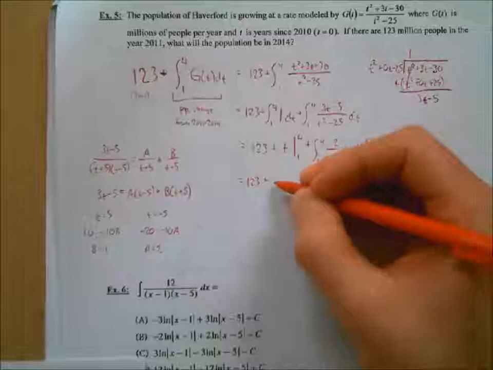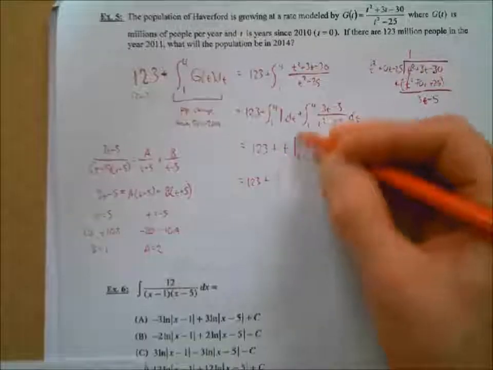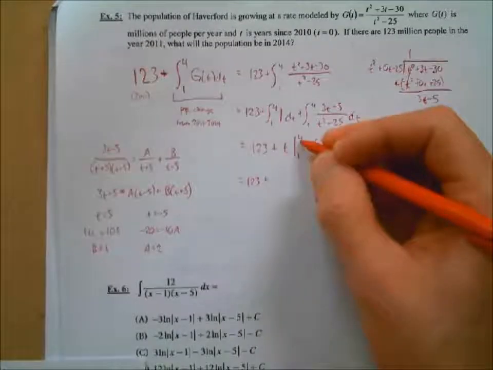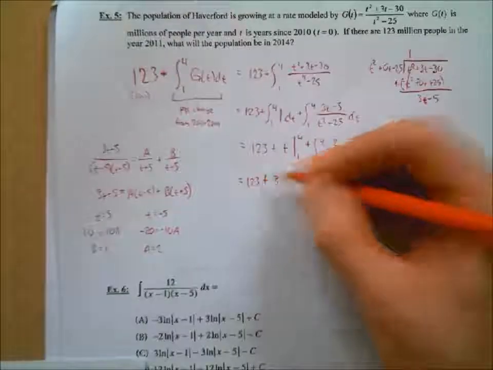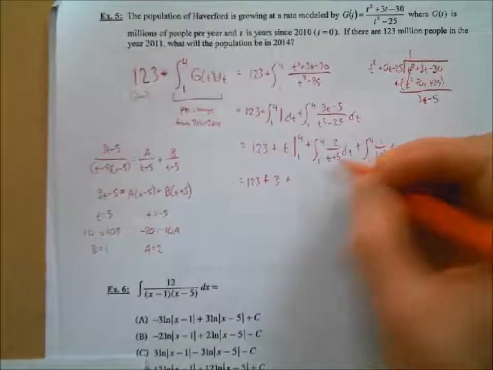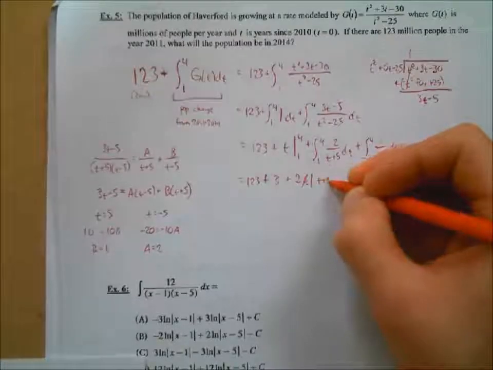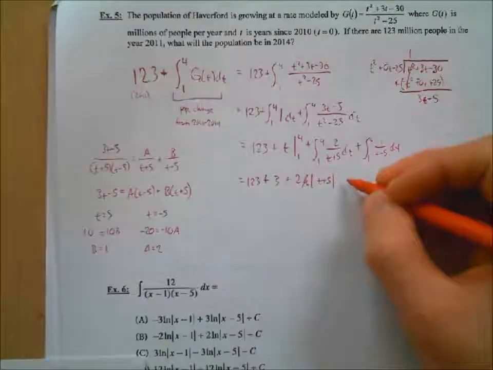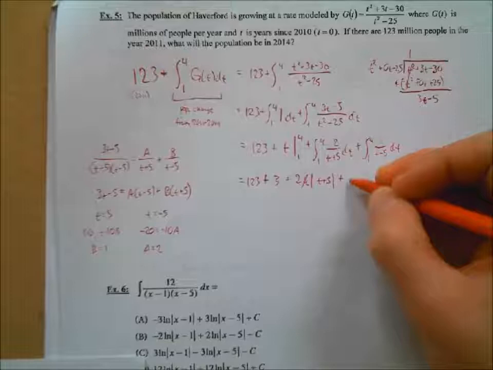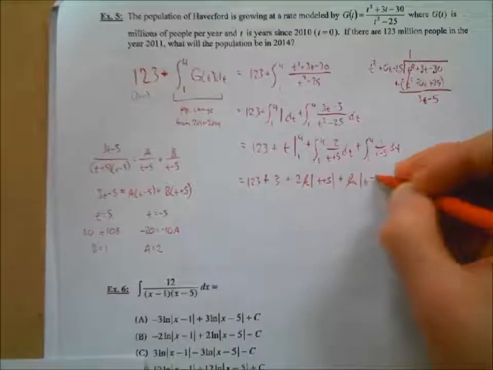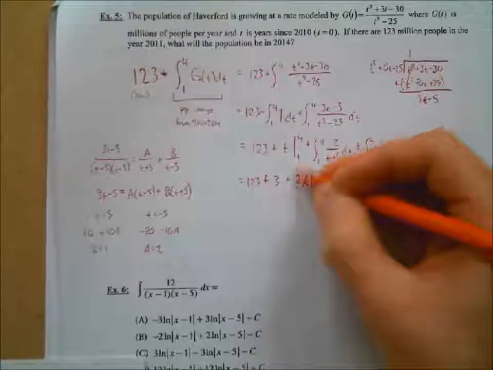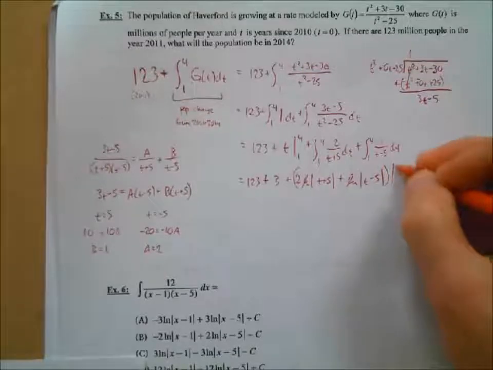And so we end up with t evaluated from 1 to 4, which is going to be 3, right? 4 take away 1. Plus twice the natural log of the absolute value of (t plus 5), plus the natural log of the absolute value of (t minus 5), and that will be evaluated from 1 to 4.